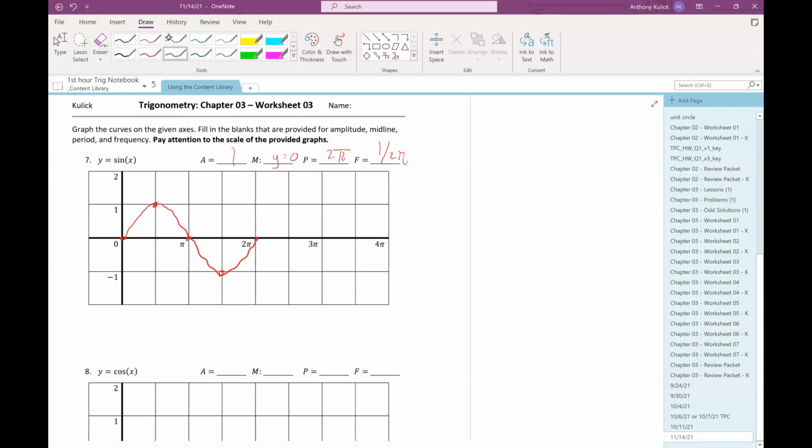Now I'm going to extend my graph in both directions to fill up the rest of the space that's provided. After my midline point, I go to a maximum, then go back to the midline, then to the minimum, and then back to the midline. In the reverse direction, this would have come from a minimum. And that's it. There's not much to do here. I'm just redrawing the basic picture. Is that okay? Yeah. Okay.